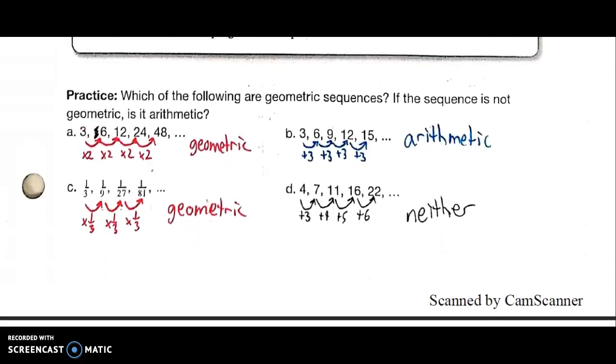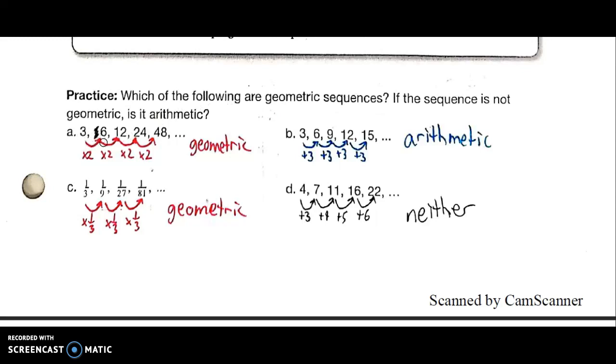So if we're practicing that with a few sequences, which of the following are geometric, and if not geometric, is it arithmetic? Arithmetic we saw a while ago, but we're going to see that again on question B. First, I made an adjustment to question A. It had a 16 written in there, but I crossed that out and wrote a 6 instead. So if my sequence is 3, 6, 12, 24, and 48, we can tell that that's geometric because it does have a common ratio.